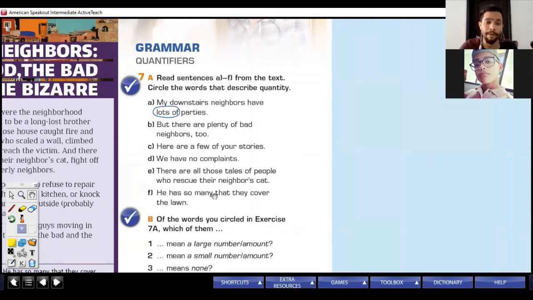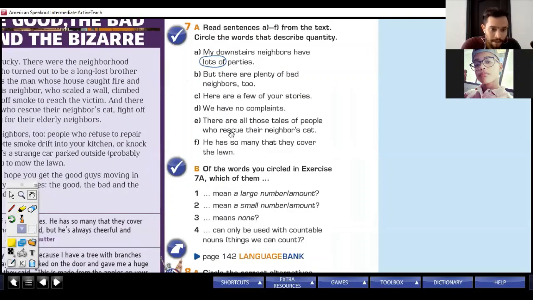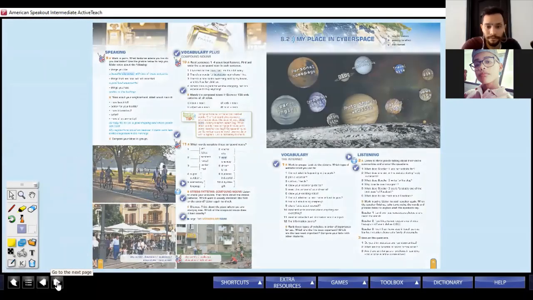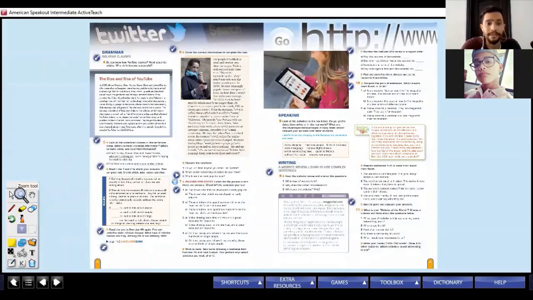And we also learned how to use them: some of them are used only for countable nouns, some others only for uncountable nouns, and some others are used with both, right? Countable and uncountable nouns.